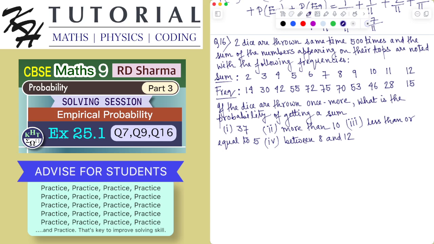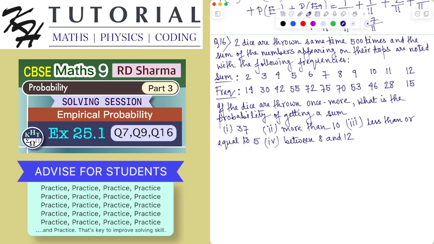between 8 and 12. Clearly, we can see that the sum of the numbers appearing on the top of the two dice when they are rolled can never be 37. The maximum it can be is 12. That is what we can see in the given frequency table.